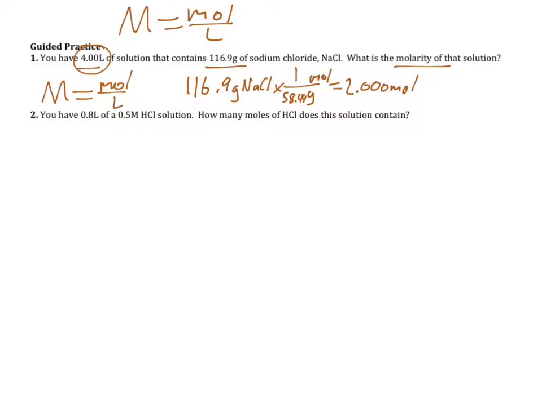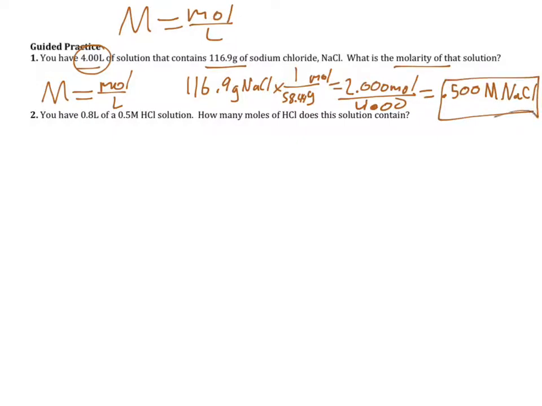And to find the molarity, you just need to take the moles divided by the liters, which is 4 liters in this situation. And you end up with 0.500 molar solution of NaCl. And this is our answer here.